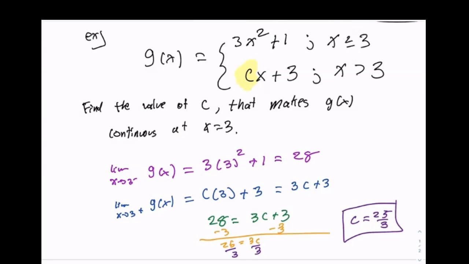But if you follow the process, you plug in this number wherever you see an x, and you do the same for the other side, it'll give you two expressions which you're going to set equal to each other.